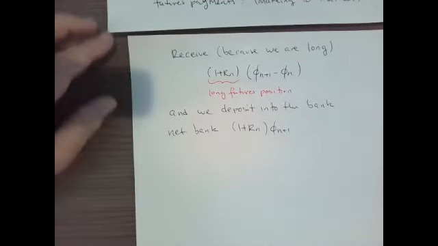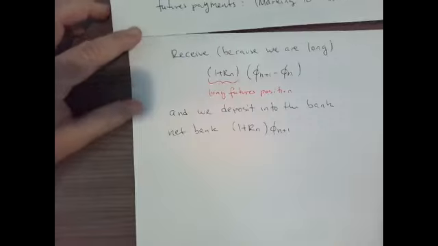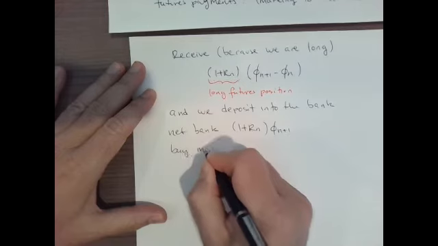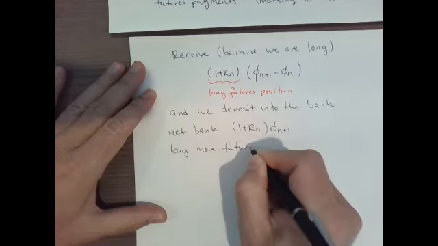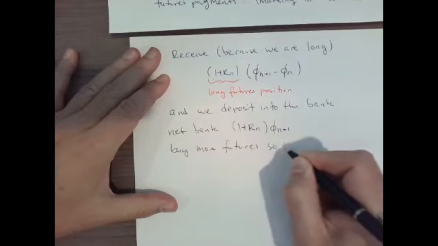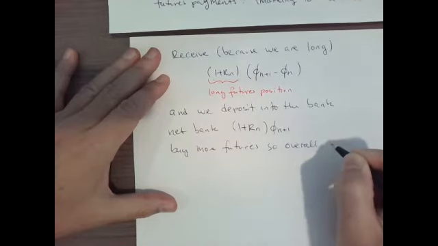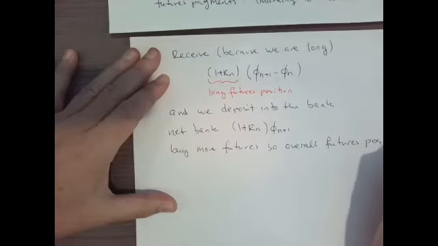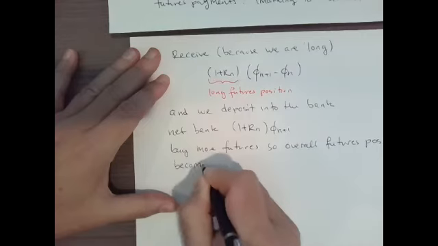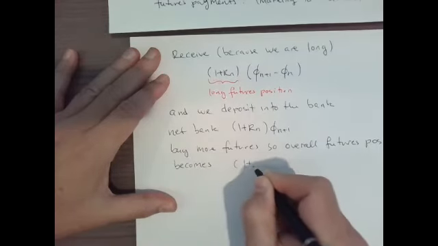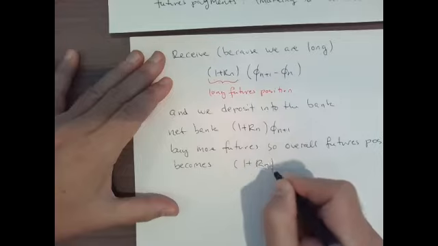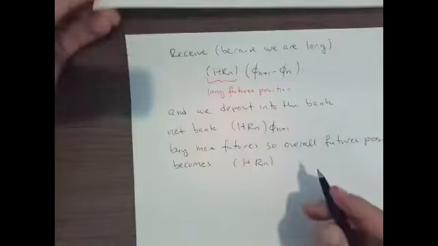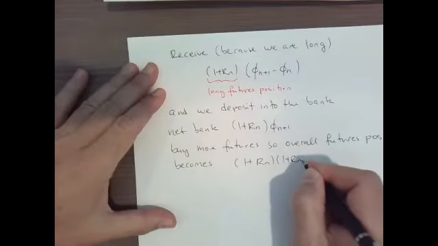So what else do we do at time n plus 1? We're going to buy more futures. So overall, the futures position becomes 1 plus Rn, like we had 1 plus Rn here, and now we're going to have 1 plus Rn plus 1.